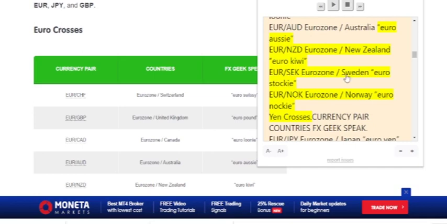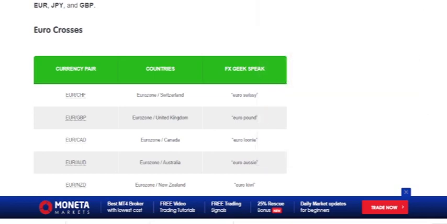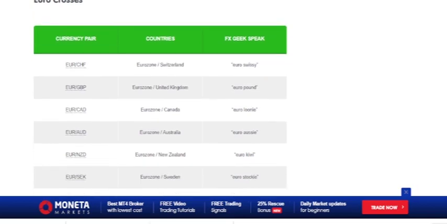So guys, these are the euro crosses. In fact, these are the minors, but the euro crosses. They are minors because they don't involve the USD, and that's why we call them minors.